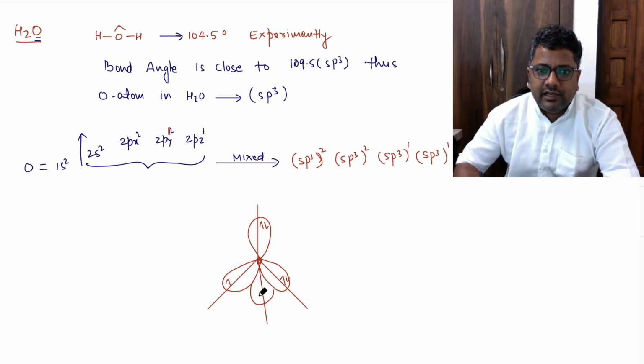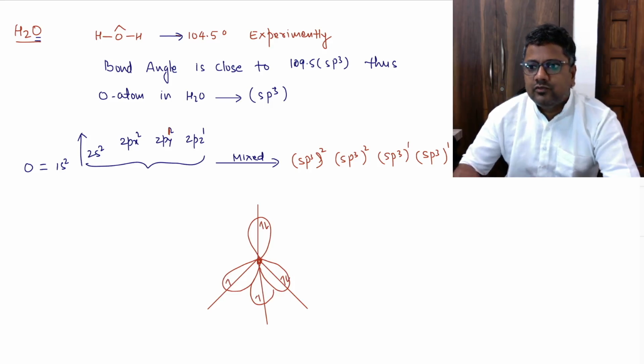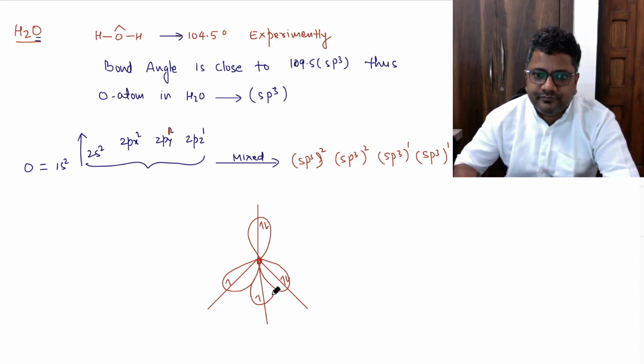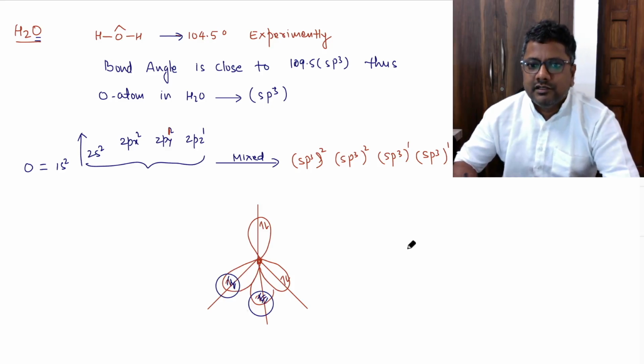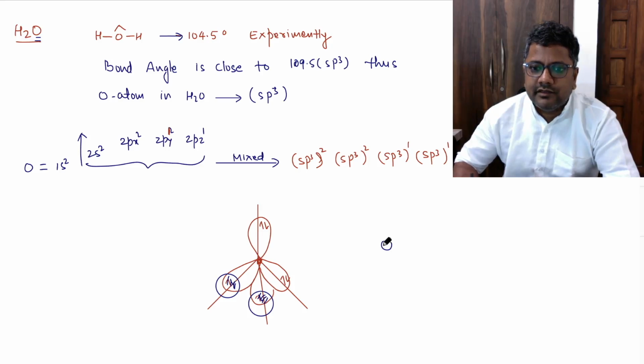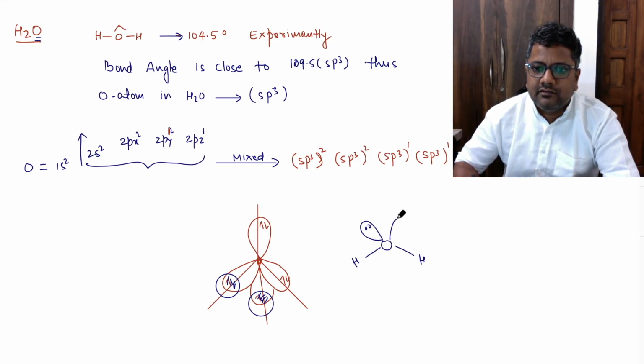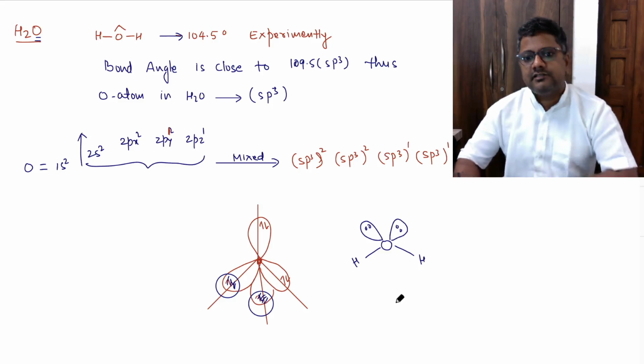And 2 electrons are like this, and 2 hydrogens will overlap here and form a bond, right? So O is here, one hydrogen is here, one hydrogen is here, and one lone pair is here, and one lone pair is here, right?